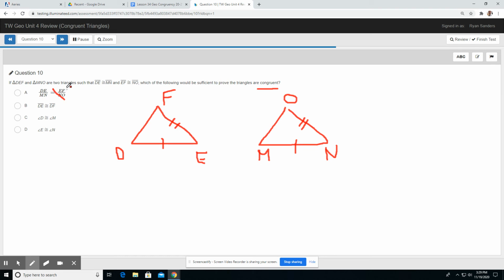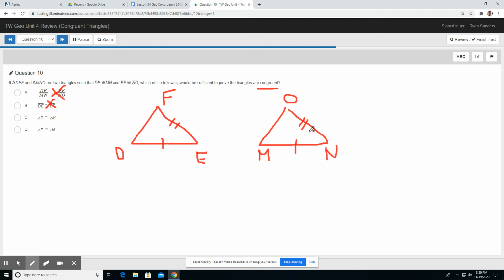This would be a parallel idea, so that's our similar idea on that one, so I'm not even worried about that one. DE is the same as DF? Nope. That's sticking in the same triangle. Angle D is the same as angle M.